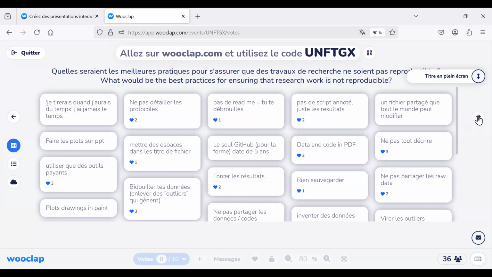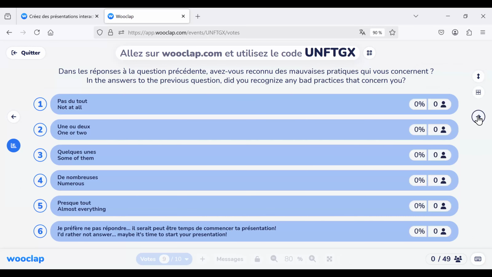Parce que la prochaine question, maintenant, c'est parmi tout ce que vous avez pu voir juste avant, est-ce qu'il y a des choses auxquelles vous vous identifiez et que vous faites?